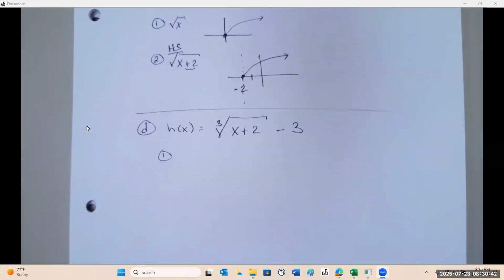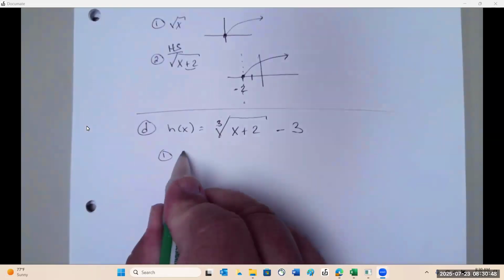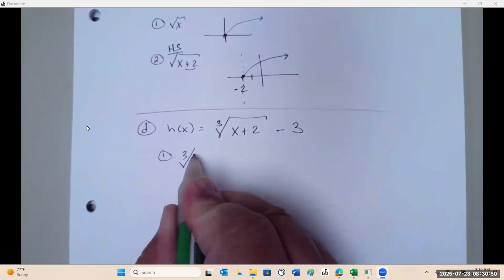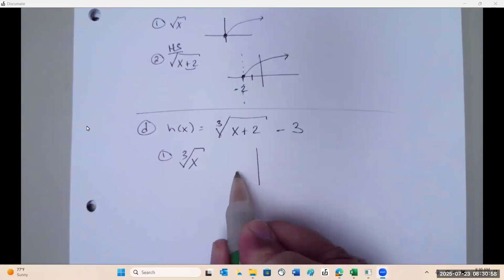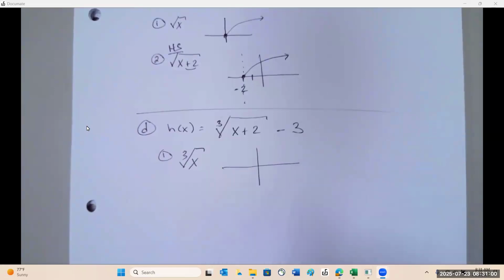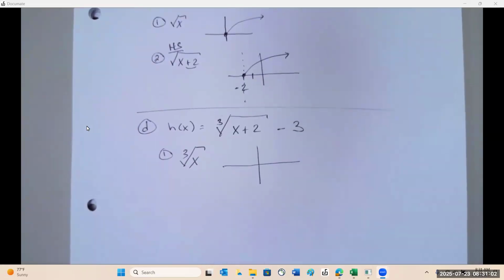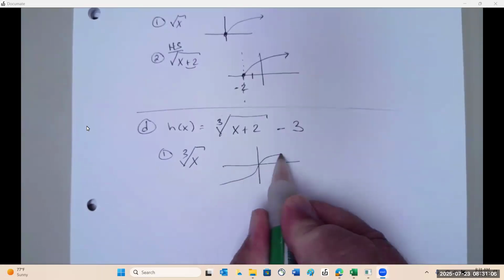So what's the basic function? The cube root of x. What does the cube root of x look like? Like an S, squished out, right?